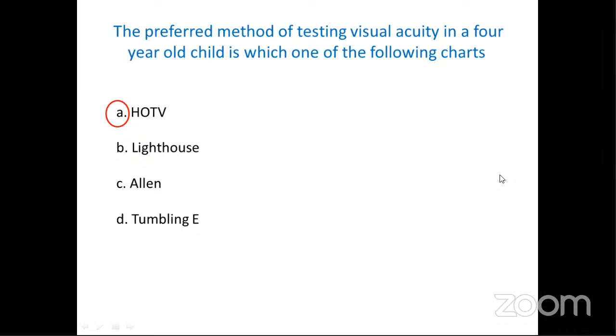So the second thing is, what is the importance of HOTV chart? Sometimes you'll be asked the MCQ regarding the Down syndrome children. Those children have developmental delay, some neurological problems.